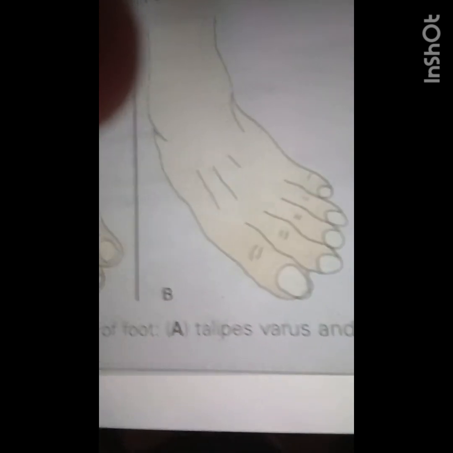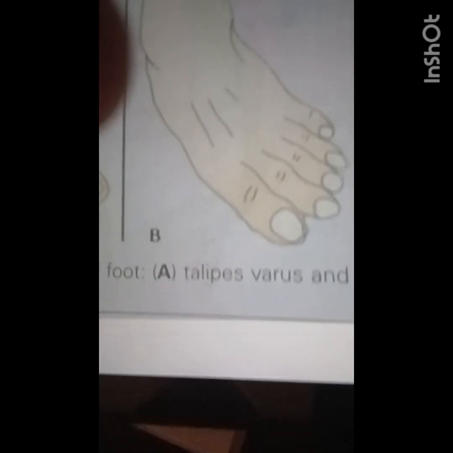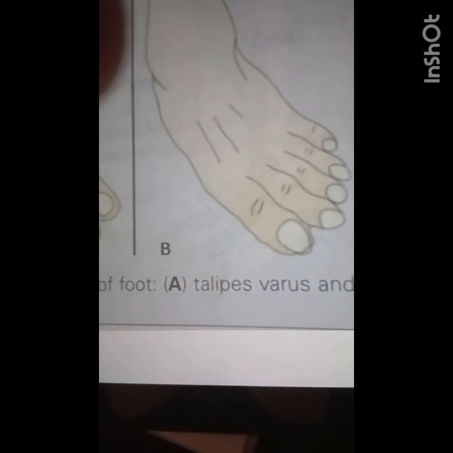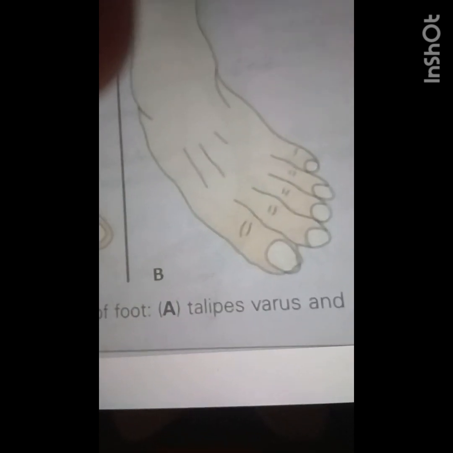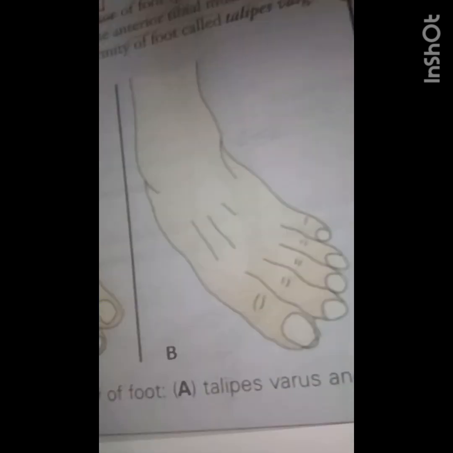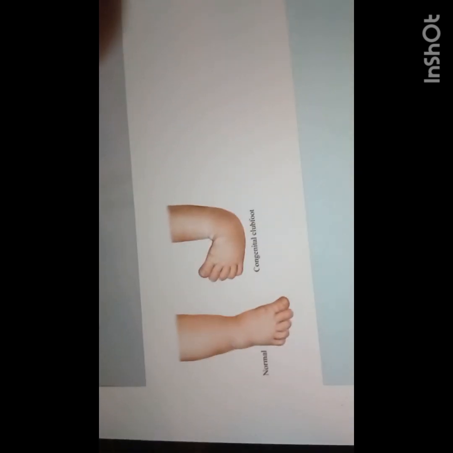In this case, the foot is everted due to the overactivity of the everter muscles and the loss in strength of the inverter muscles. What are the everters? The peroneus longus, brevis and tertius. When they become overactive, they can cause this kind of deformity. And this is talipes equinovarus.